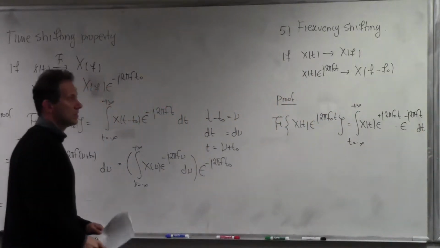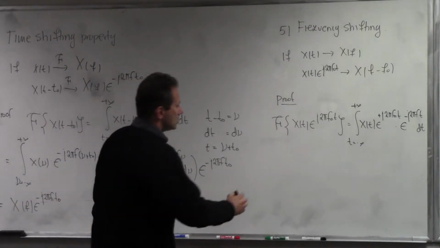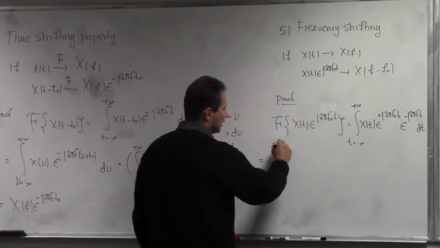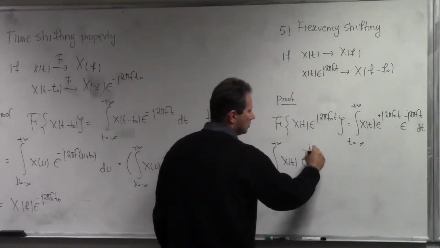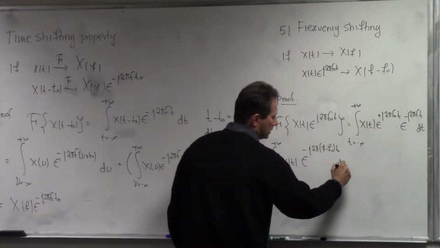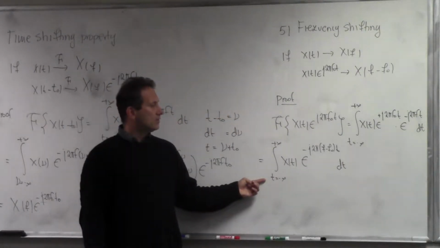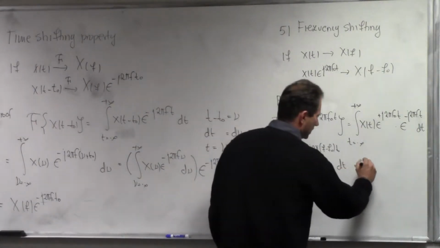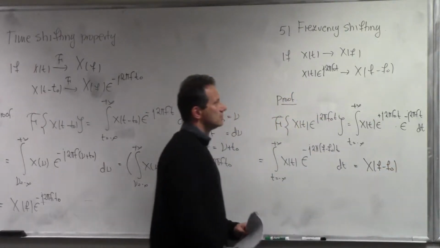That's just a straightforward application of the definition. So now I have the integral of x of t e to the minus j 2 pi (f minus f0) t dt. You see right away that this is a Fourier transform, but instead of f, I have f minus f0, which is equal to X of f minus f0.